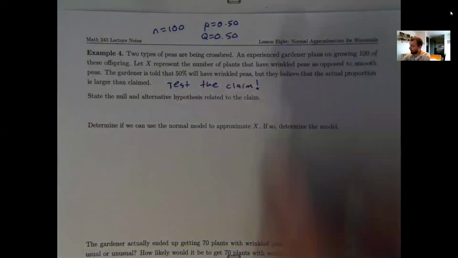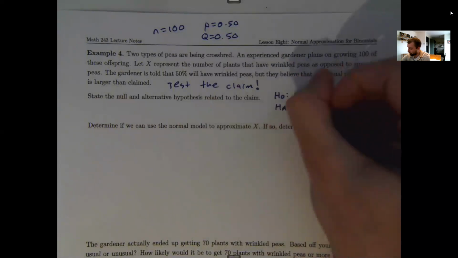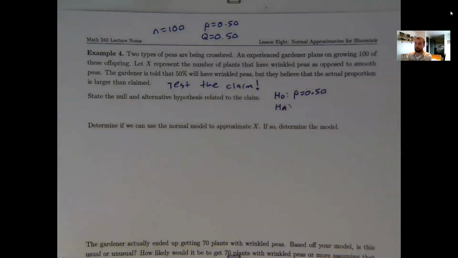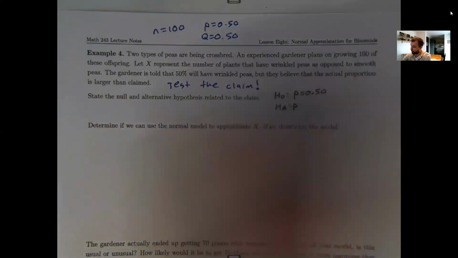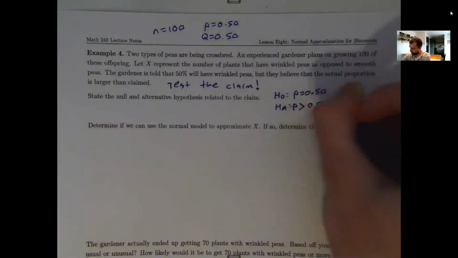So for my hypotheses, null hypothesis, I have p is equal to 50%. And for the alternative hypothesis, they believe the actual proportion is larger, so I will have more than 50%.